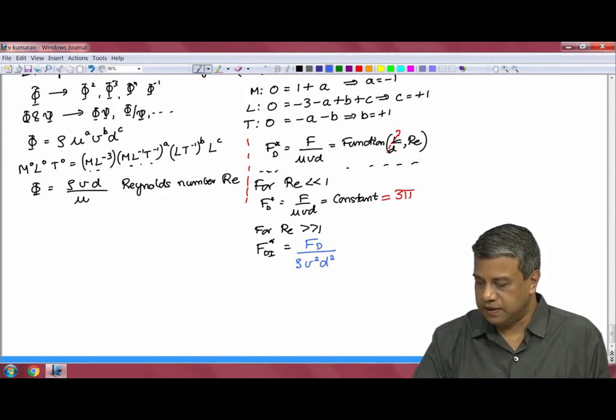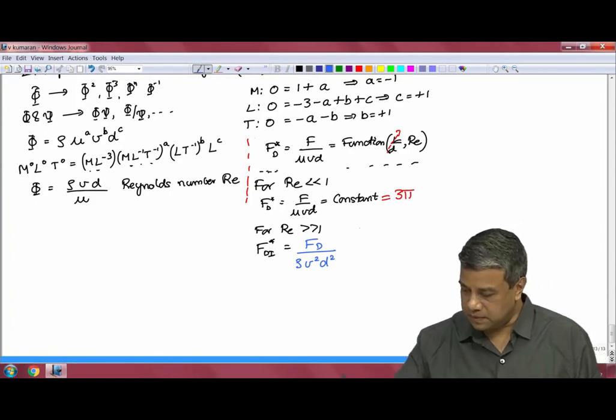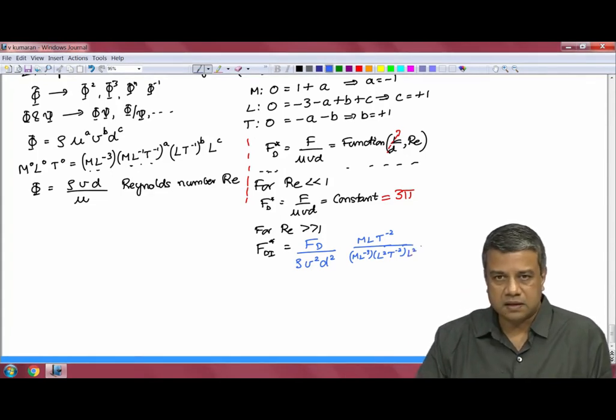You can verify that this is dimensionless. The force on top is m L t power minus 2, and in the denominator I have m L power minus 3 into L square t power minus 2, that is the velocity square, into L square. You can verify for yourself that it is dimensionless.